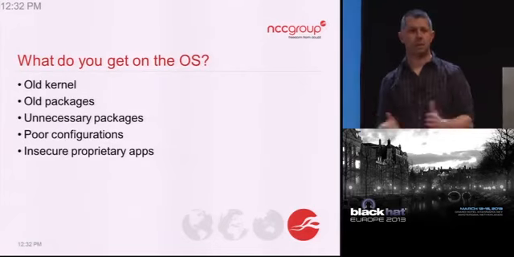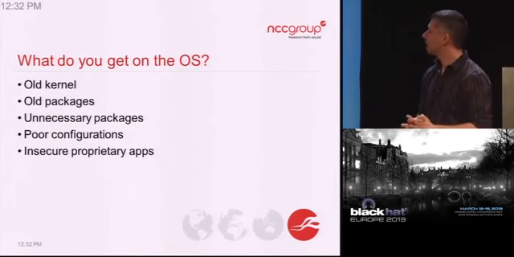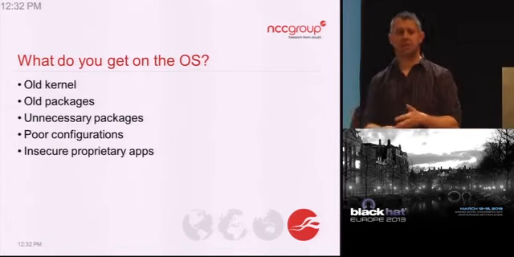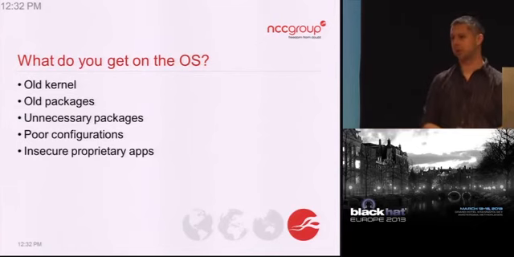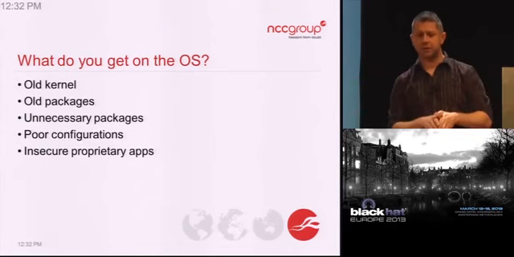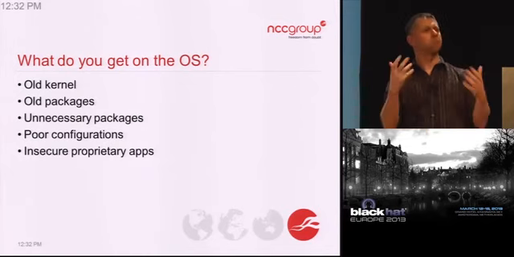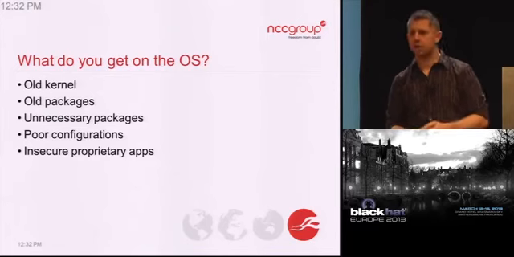So what do you get on these systems, on the underlying operating system? What you tend to see: old kernel, old packages, unnecessary packages, poor configurations, insecure proprietary applications. I've talked to vendors at trade shows occasionally about their appliances, and I say, tell me a bit about your appliance. They tell me, oh, it's based on hardened Linux.